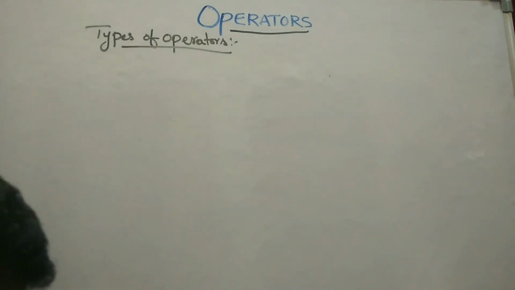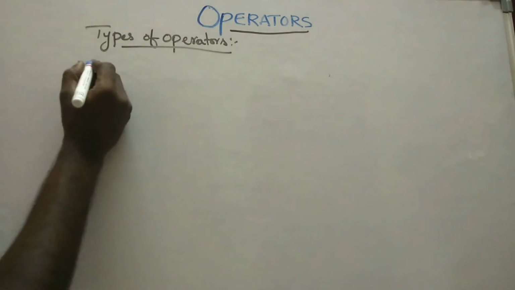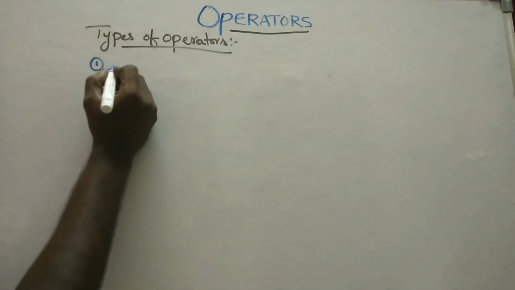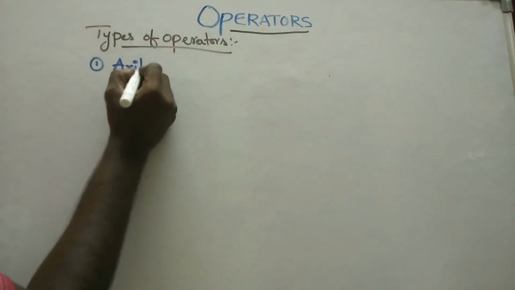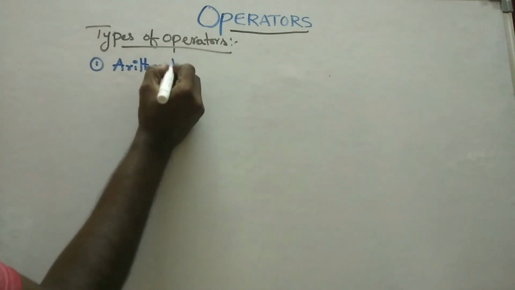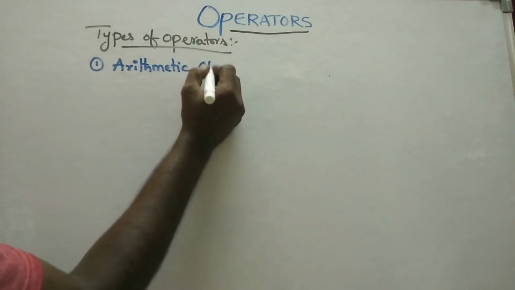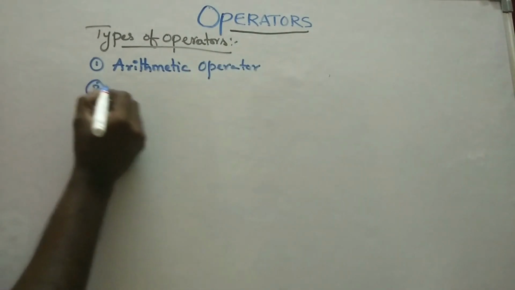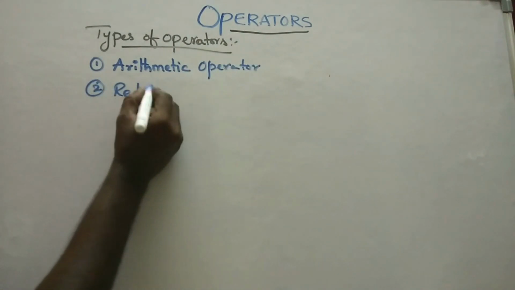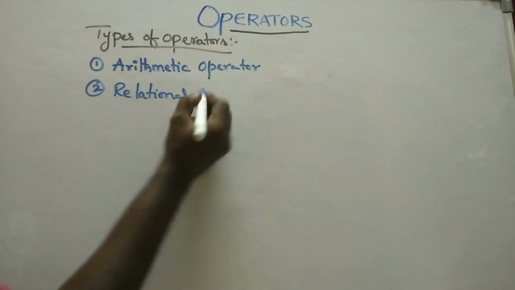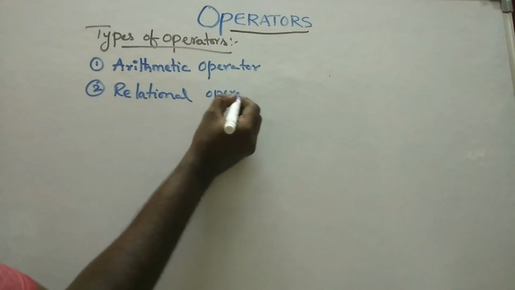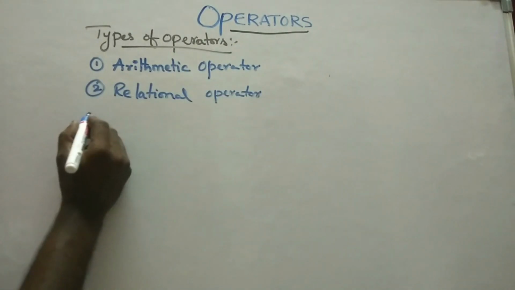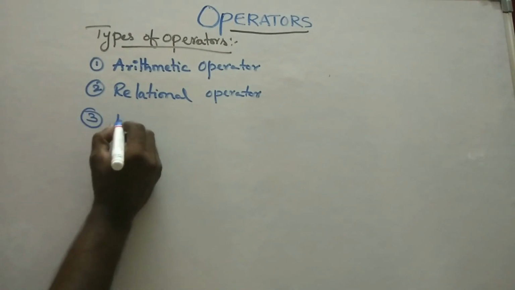The first one is arithmetic operator, and the second one is relational operator.